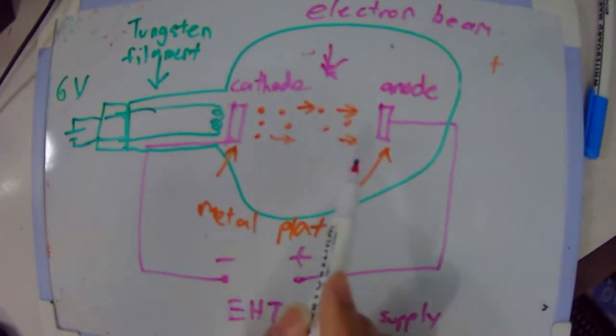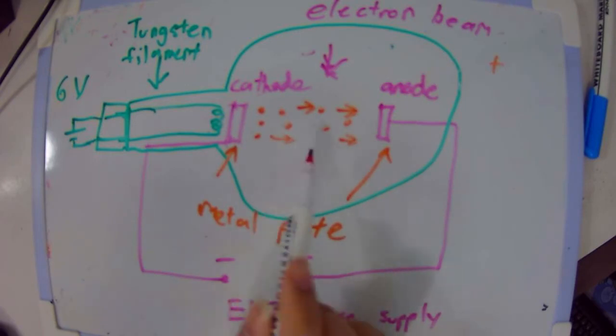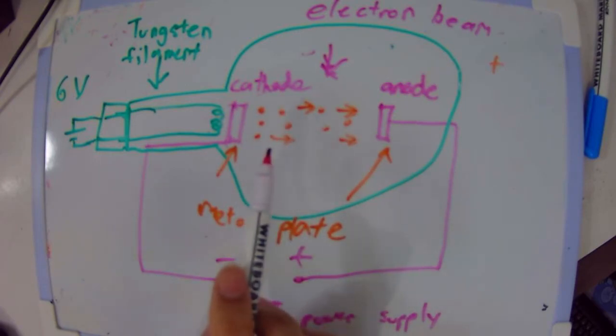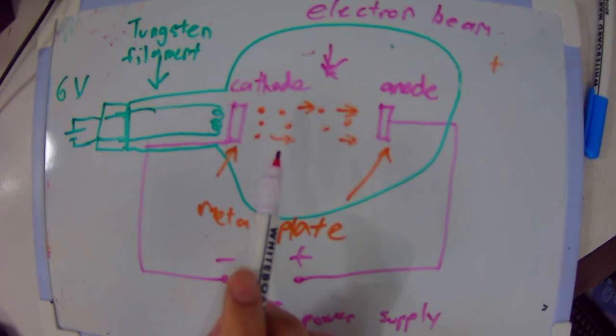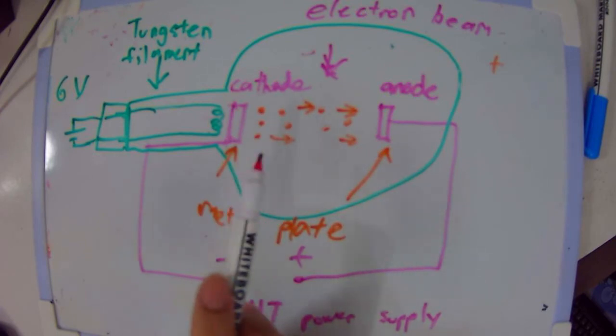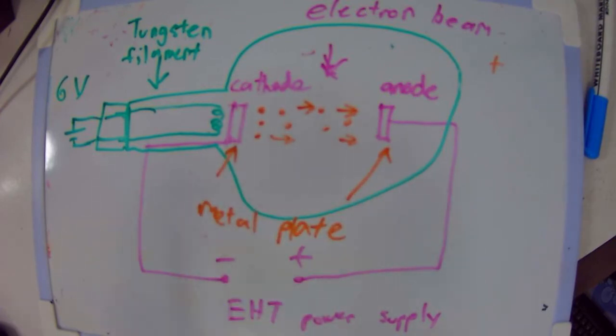By studying this beam of electrons, it allows us to study the nature and the characteristics of electrons themselves. That's why this discovery of the cathode ray, of thermionic emission, was such a huge part of our understanding of how electrons work.